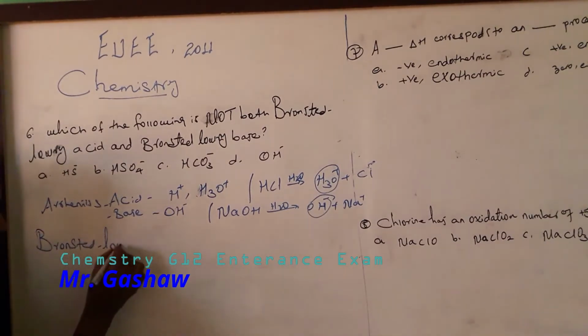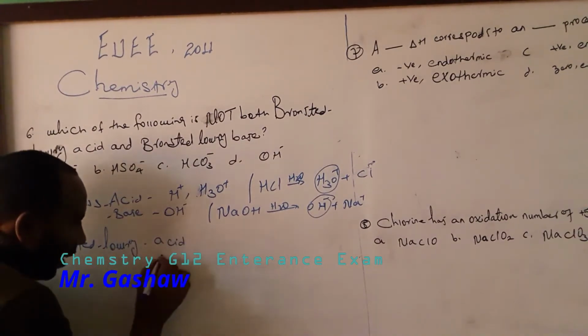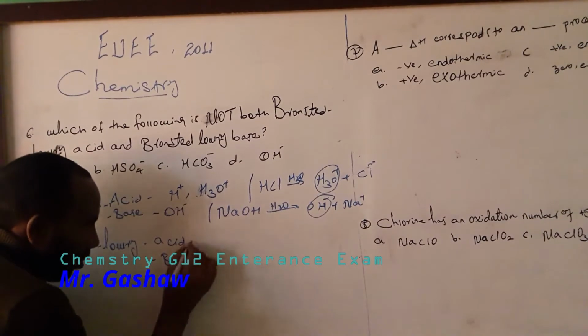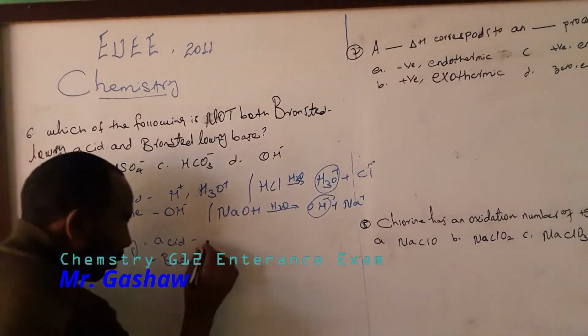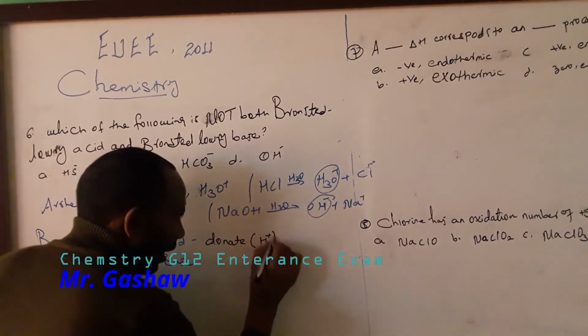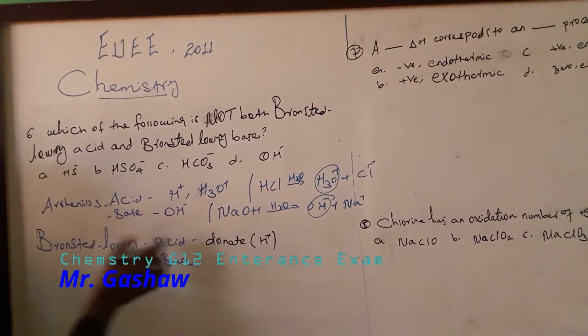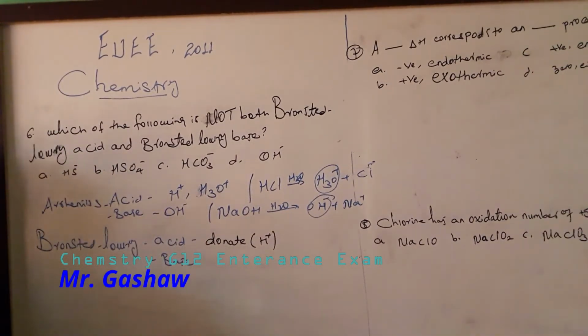Bronsted-Lowry acids and bases. Bronsted-Lowry acids are substances that donate protons. The substance that donates protons is known as an acid, whether the reaction takes place in liquids or in gases, it doesn't matter.